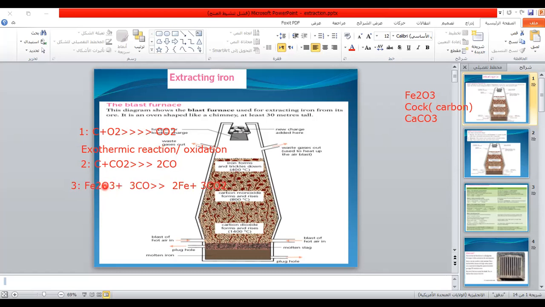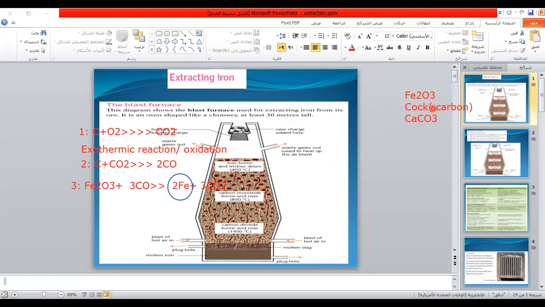So again, how can you extract iron from iron oxide? I will add from the top of the blast furnace a mixture of Fe2O3, coke, which is merely carbon, and calcium carbonate.